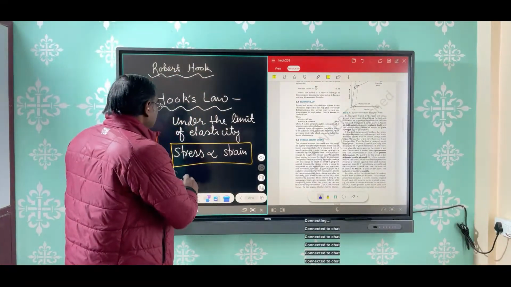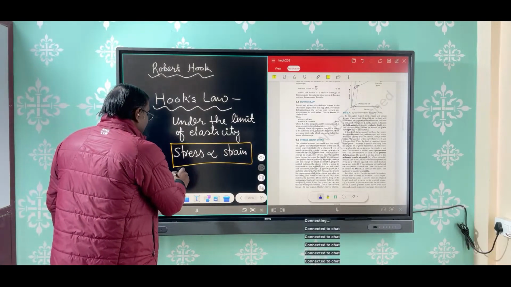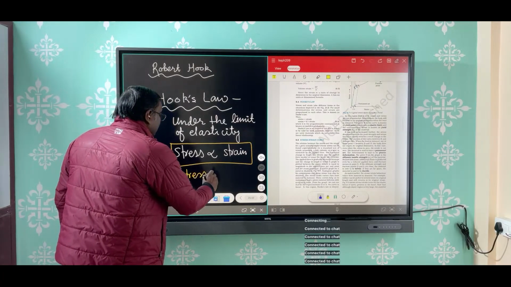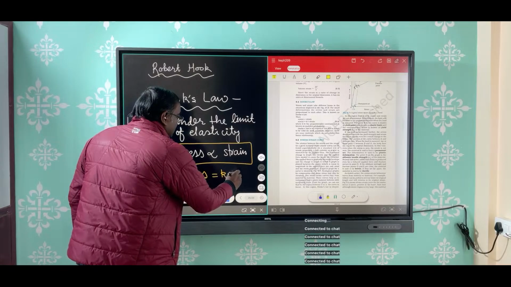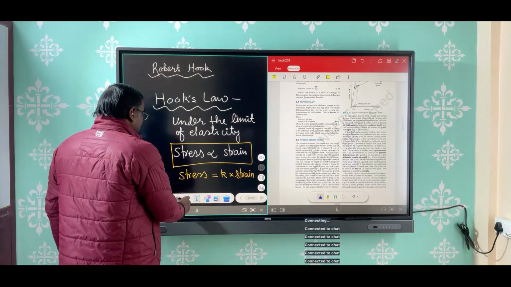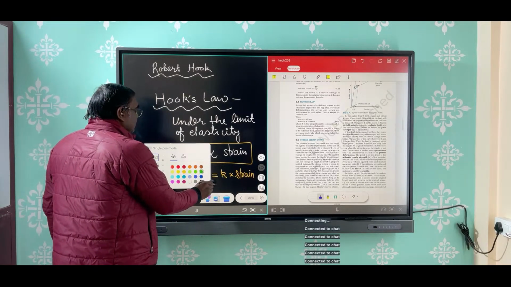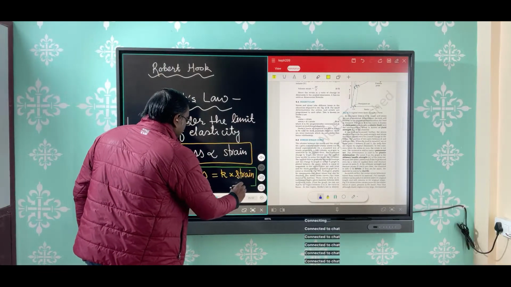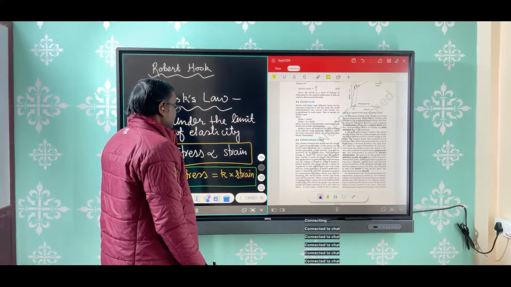So if we remove the proportionality, then we get a constant, that is, stress is equal to some constant into strain, and this constant is known as the modulus of elasticity.